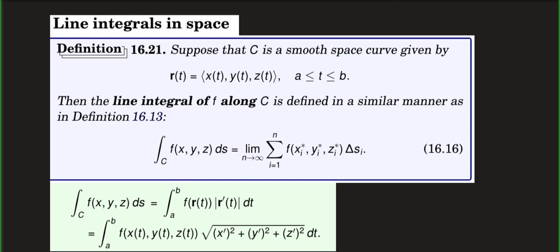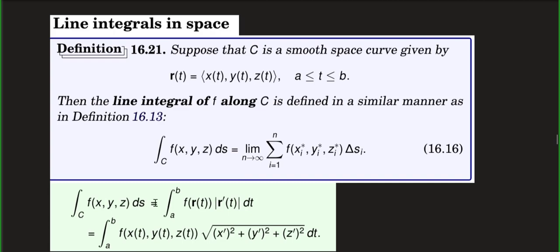In continuation of line integrals for space also, the definition is the same as for two dimensions, just with the differences here as you see. We add just the parameter z more, in this formula also and here also.